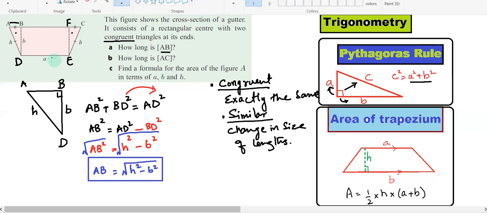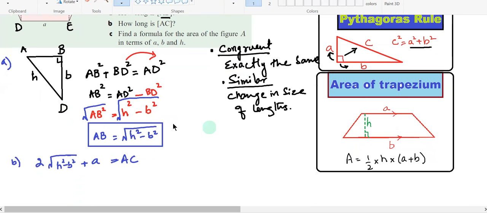And this length, if this is A, this is also A. Basically, for part B, we are adding two of these lengths, 2 times the square root of H squared minus B squared, plus this A in the middle, and that's the length AC. The norm is you write the unknown or the required length on the left hand side. So I'm going to write it here and say AC is equal to whatever that is.